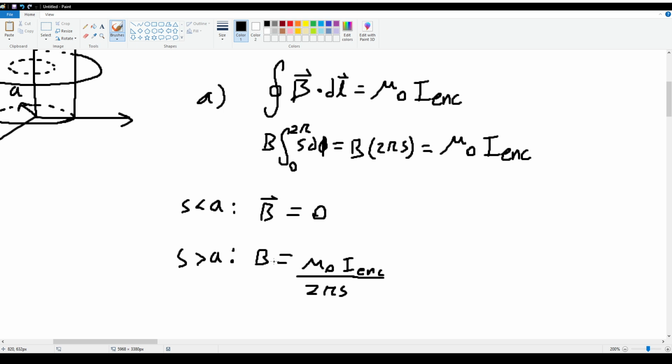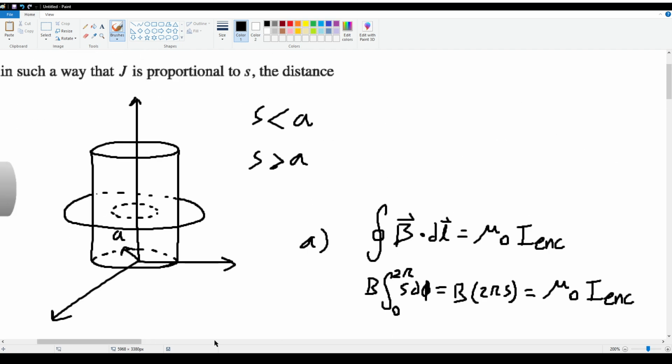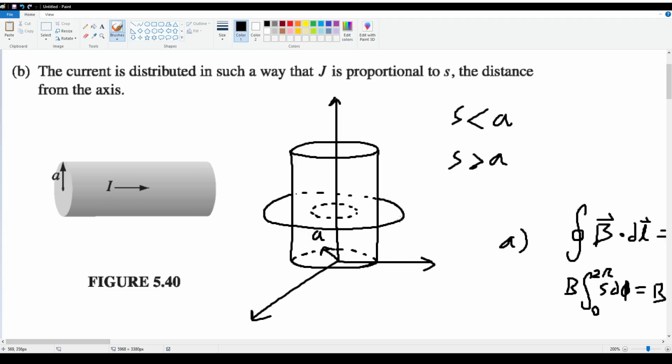And now we want this to be a vector. This is just the magnitude. So we just use the right-hand rule. I forgot to draw that initially, but this would be where the current is pointing in this case. So use the right-hand rule, and you see that it is rotating along phi, right, in the phi direction.